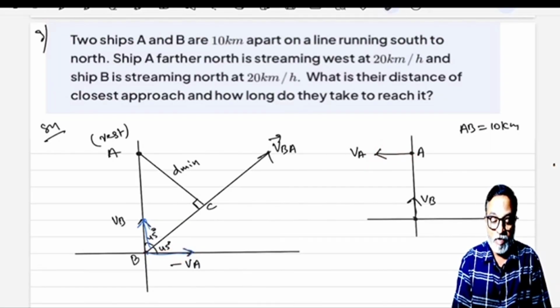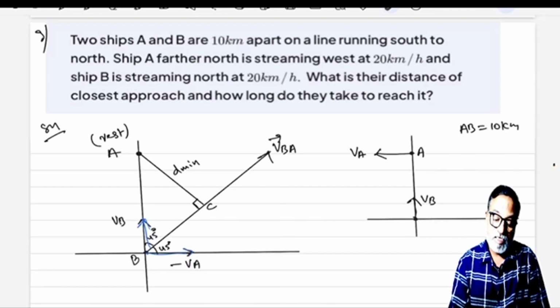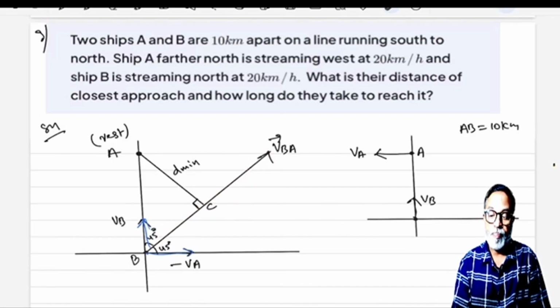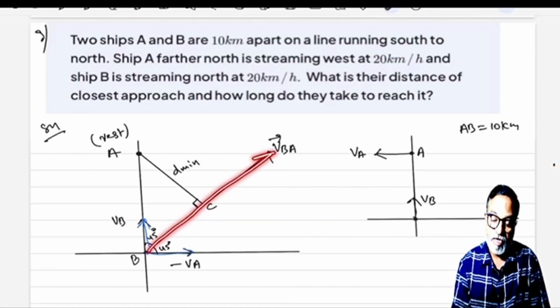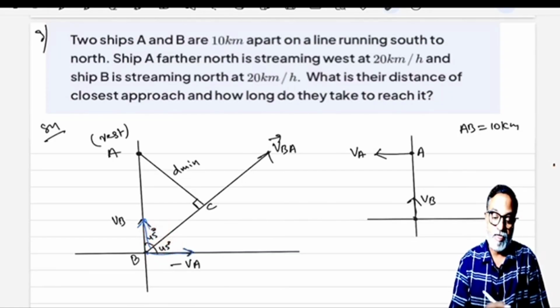Therefore, here velocity of B is in this direction and the velocity of A is in this direction, minus in this direction. Therefore, velocity of B with respect to A should be in this direction. Here both have the same velocity, therefore this relative velocity direction should bisect the x and y axes. Therefore, this angle is 45 degrees and this angle is 45 degrees.